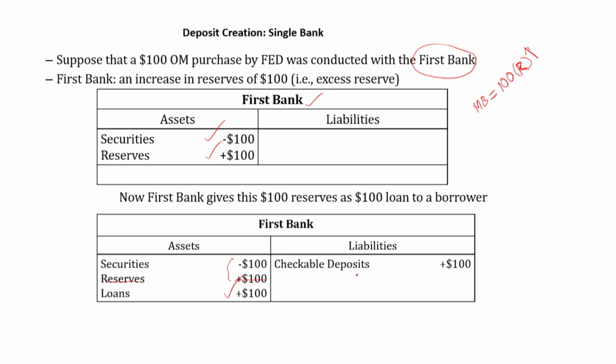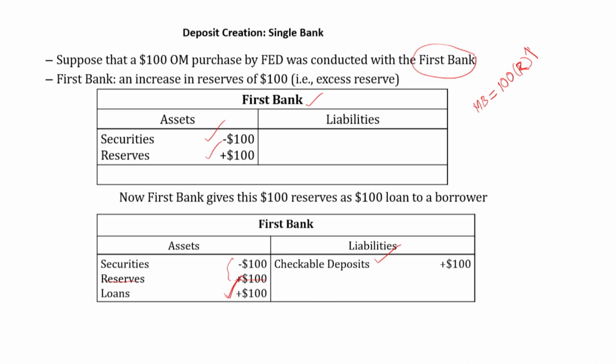Similarly, there is a change in checkable deposits as well. How will this commercial bank loan out this money to a customer? The loan amount will be deposited in that customer's name as a checkable deposit.